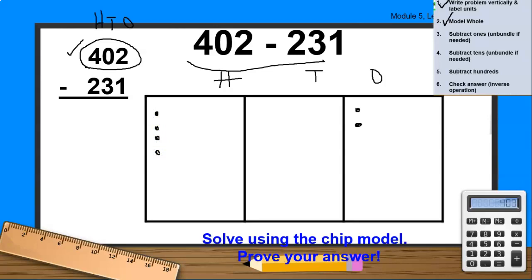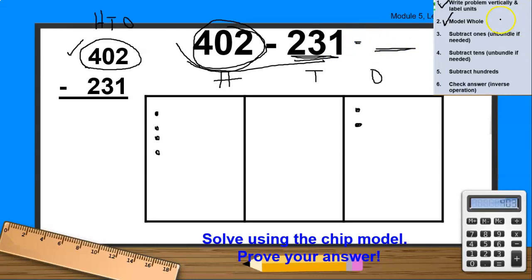I drew 400, boys and girls. So, remember, we're taking away from this whole. We're taking away this part, and we're going to find the other part, boys and girls.